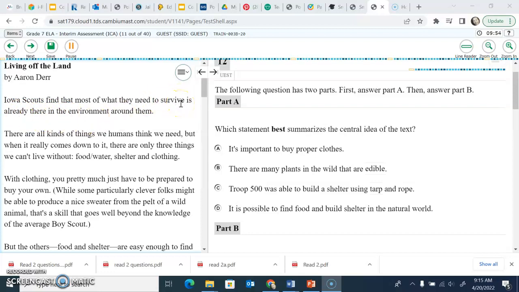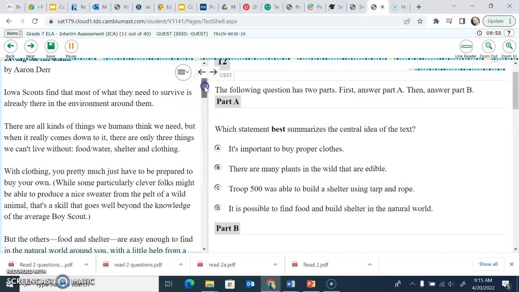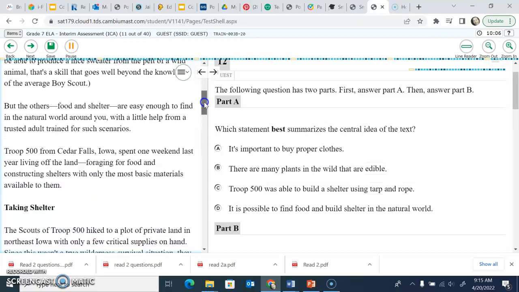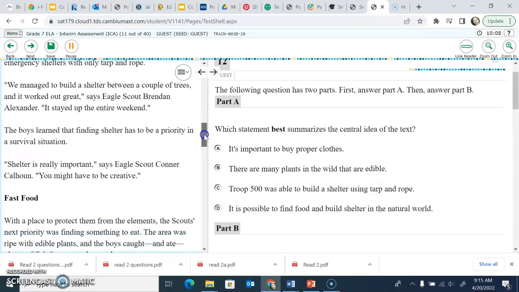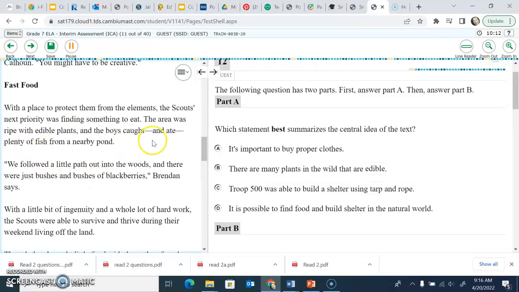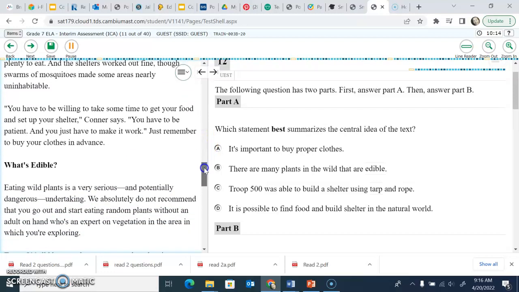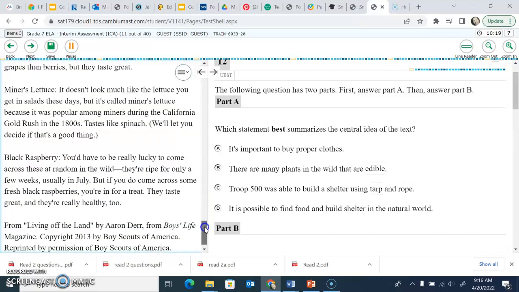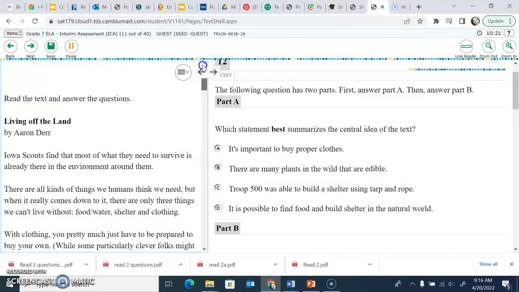So I'm predicting what I think this answer might be before I even go. The writer talked a lot about shelter and clothing, but the writer talked the most about food. About half the text was really about food and how to find food, all about where to find food, and then went into detail about what types of food are edible in a natural environment.